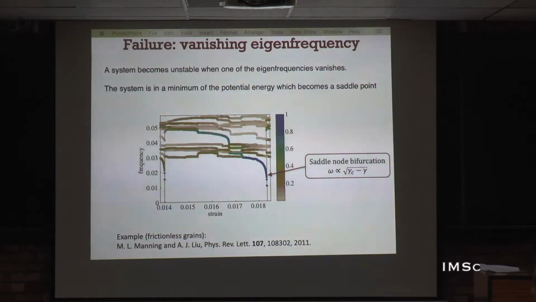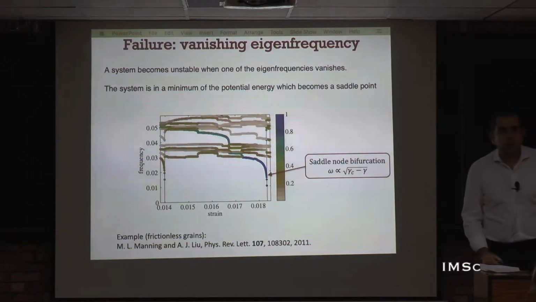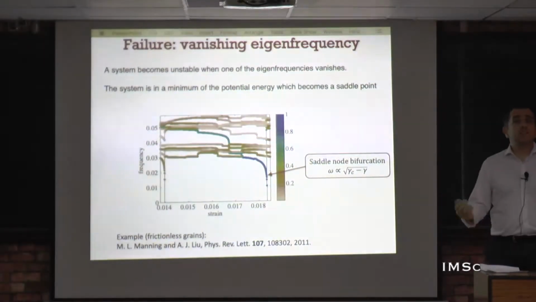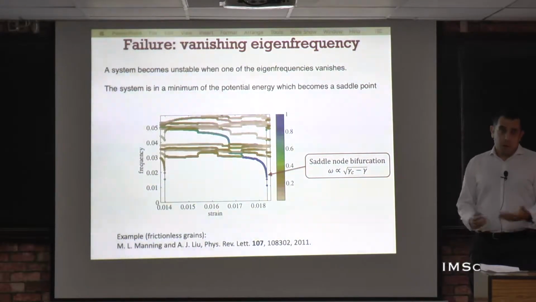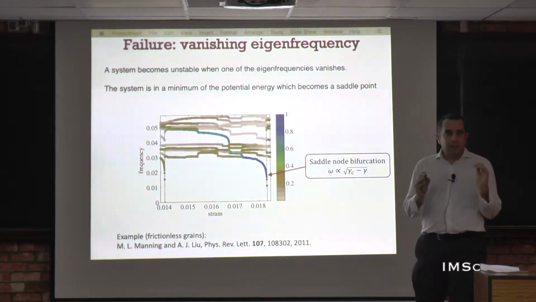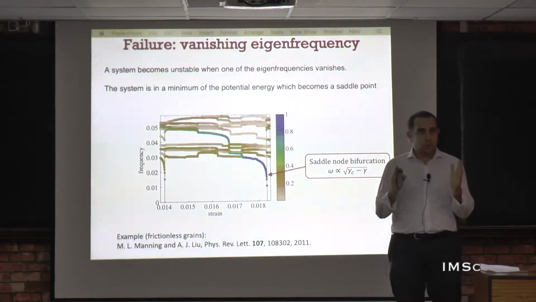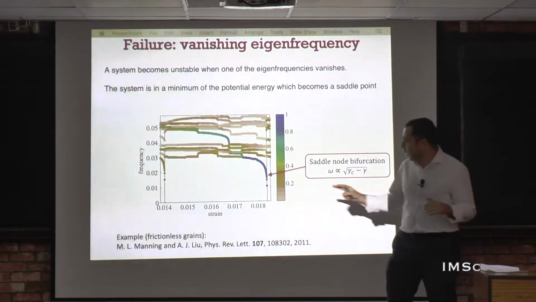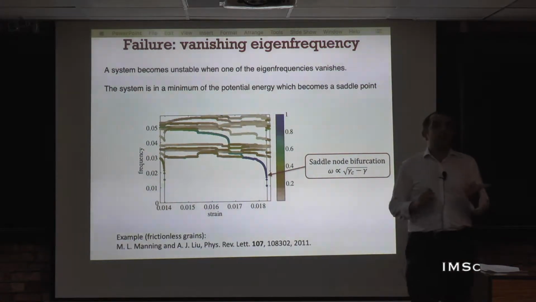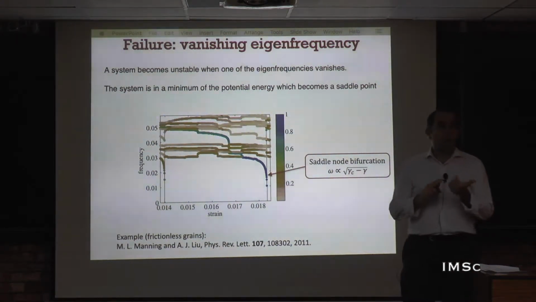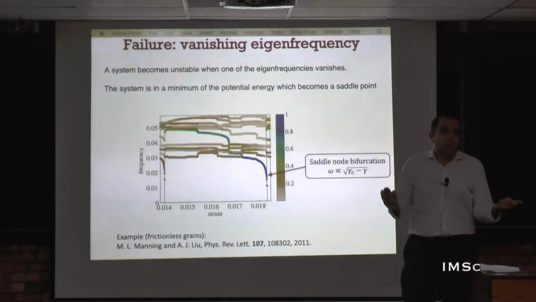So this is a technique to identify the failure point, right? First of all, you understand what is occurring at failure. Here, you understand that failure occurs when one of the eigenvalues goes to 0. This is the first thing you understand. Then you may think, okay, now I understand this point, can I use it for making predictions?